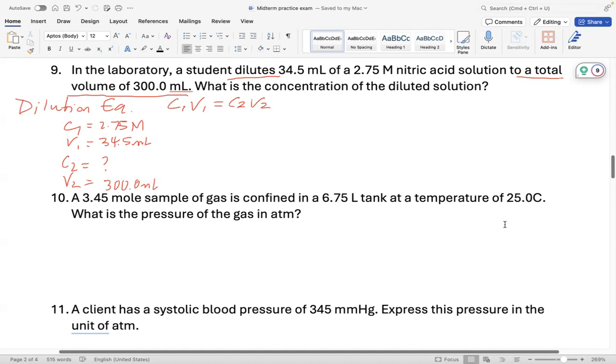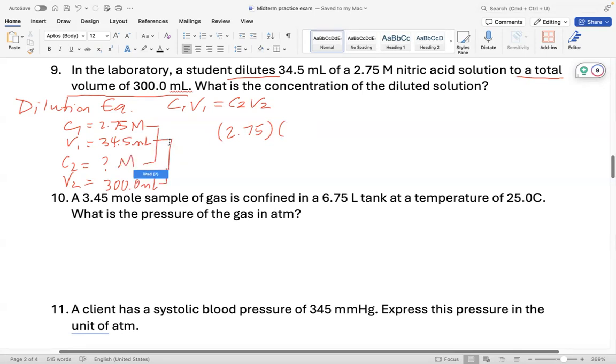All right, so going back to the problem here, this is just a matter of plugging this in and solving. So we have 2.75 for our C1, oh, one more thing. We need to make sure that our units were the same on both sides. So it needs to be mils on both sides, which it is, and it will come out as molar on the second one here.